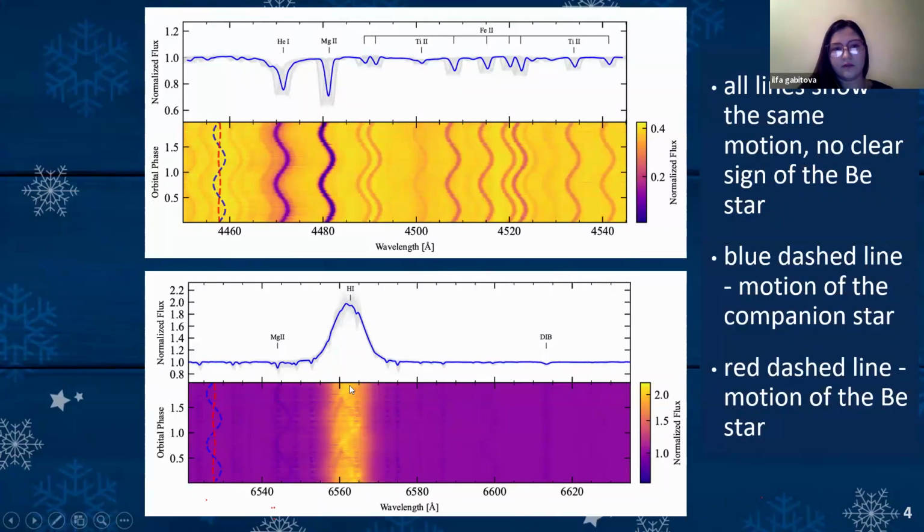We were able to confirm for this system the new claim that this motion belongs not to a B star, but to the companion star. The dominating motion of the companion star is shown in the blue dashed line. And as a little spoiler for the next slide, the red dashed line shows the B star's motion, which cannot be seen visibly on these plots, but it is there.